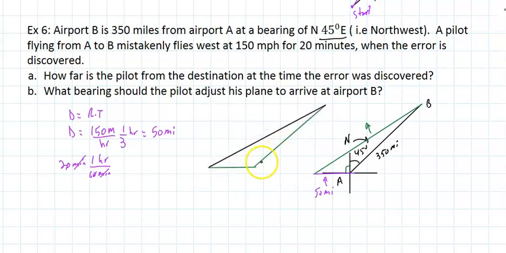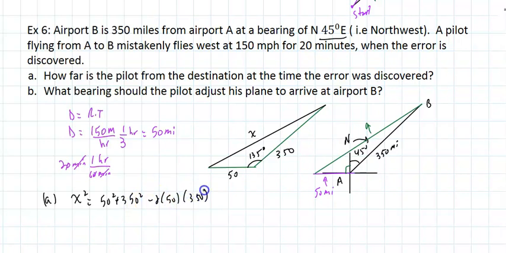So, I know this is 135 degrees. I know this is 50. And I know this is 350. And I'm looking for x. And I could say in part A, x squared is 50 squared plus 350 squared minus 2 times 50 times 350, the cosine of 135 degrees, and x would be the square root of that.